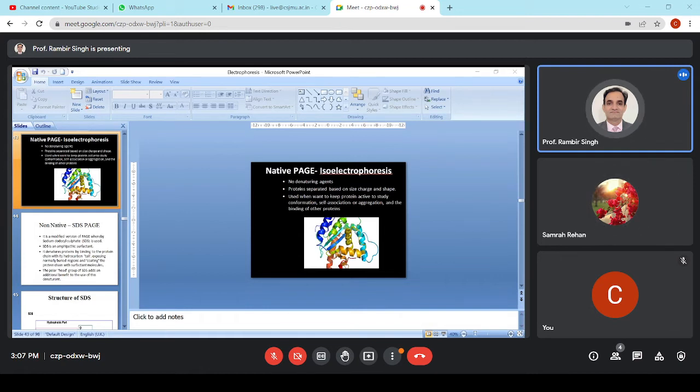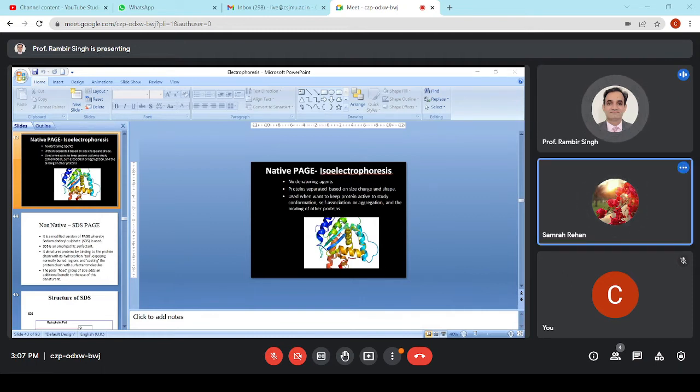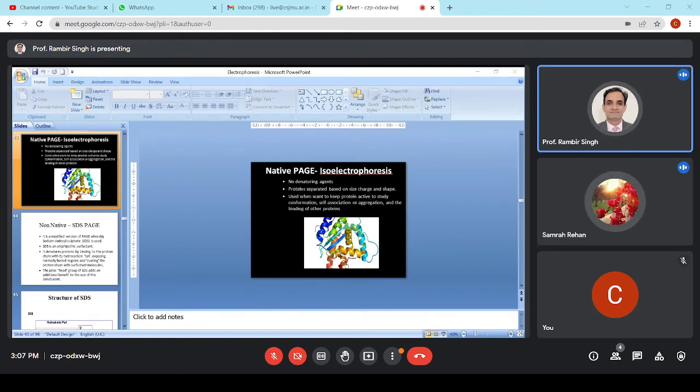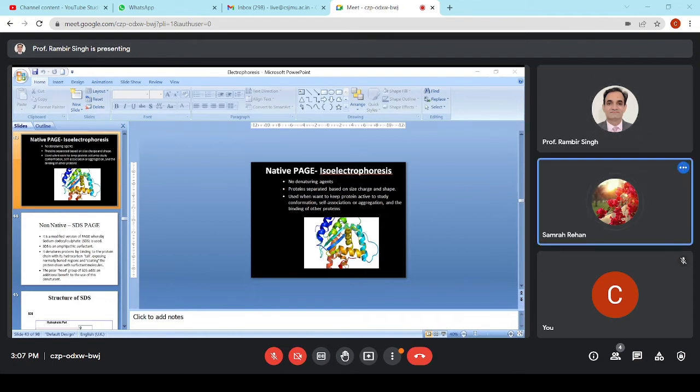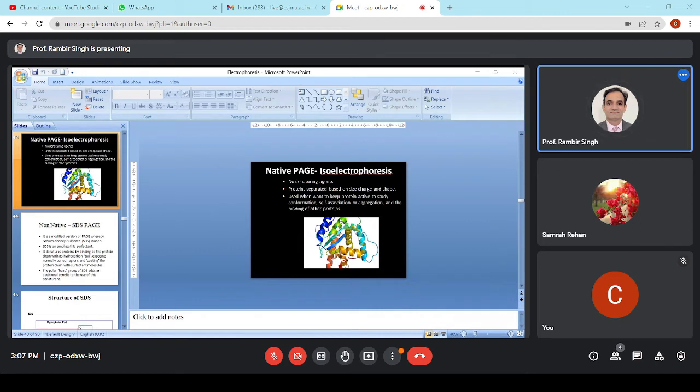A pH gradient means there may be a range of pH, say 4 to 7. That means one end is having pH 4, another end is having pH 7. Or maybe 4 to 9, or maybe 4 to 12, or say 3 to 12. Like this, we may have a broad range of pH or a narrow range of pH.